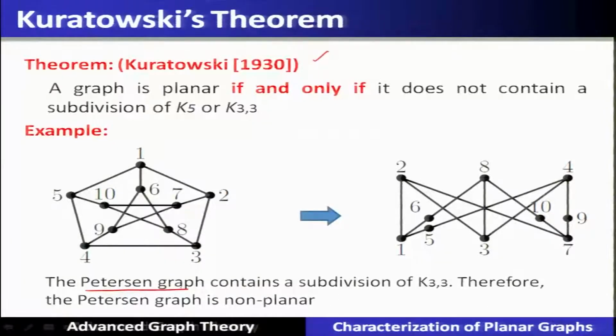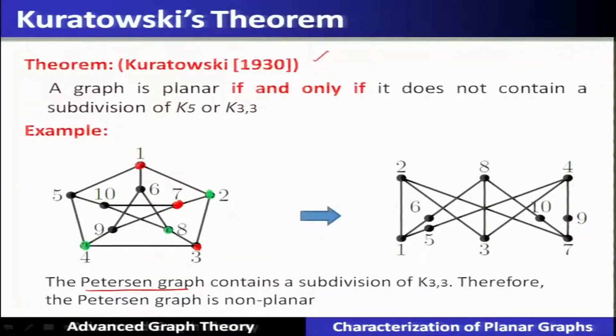So, to show that the Petersen graph is non-planar, let us see the bipartite graph. Let us take the vertices 1, 3 and 7 on one side of the Petersen graph, and on the other side let us choose 2, then 8 and then 4.